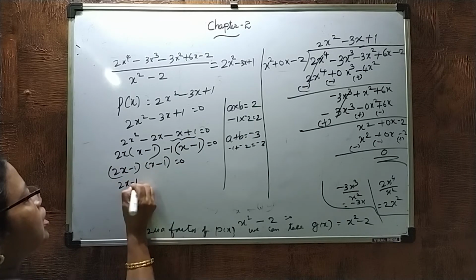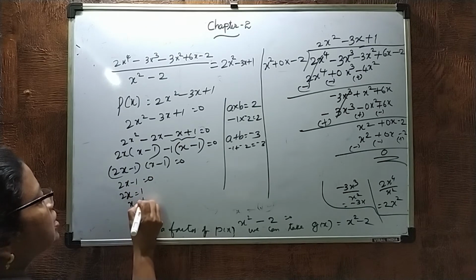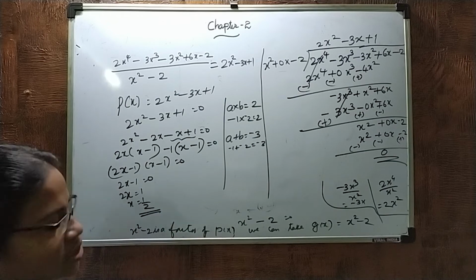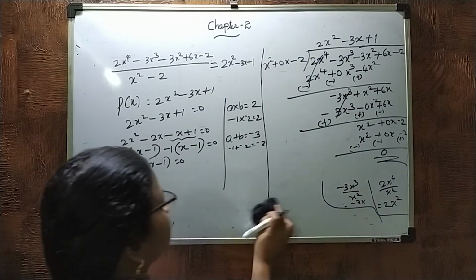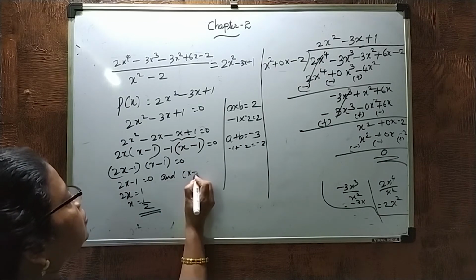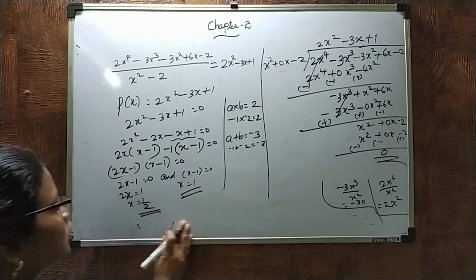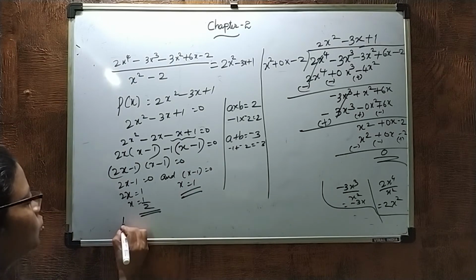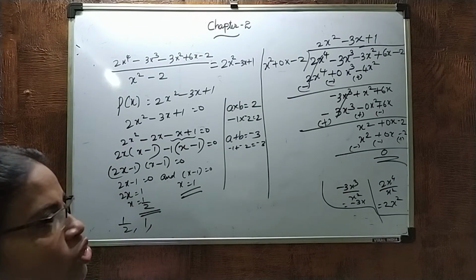Then 2x - 1 = 0, 2x = 1, x = 1/2. And x - 1 = 0, that means x = 1. So 1/2 and 1, and already they had given you 2 zeros.